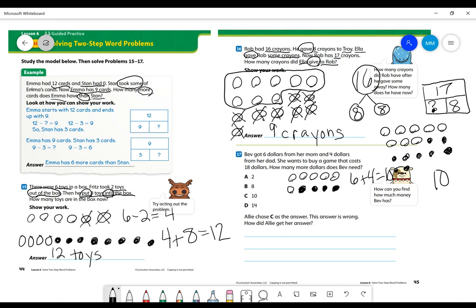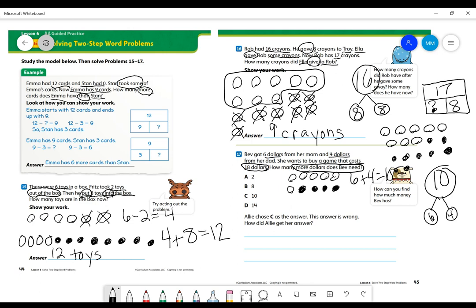I'm not done yet, right? So I know that 10 is my whole, and I had 6 and 4. But I'm not done. That was step 1. She wants to buy a game that costs $18. How many more dollars does Bev need?